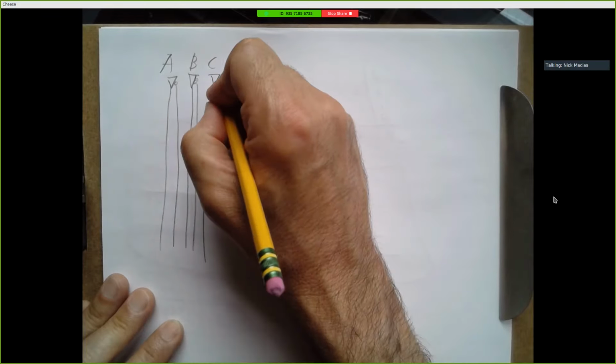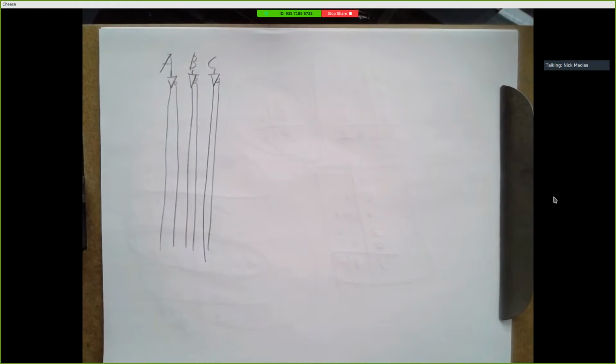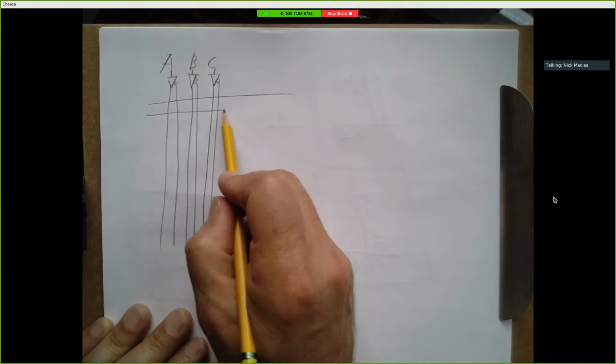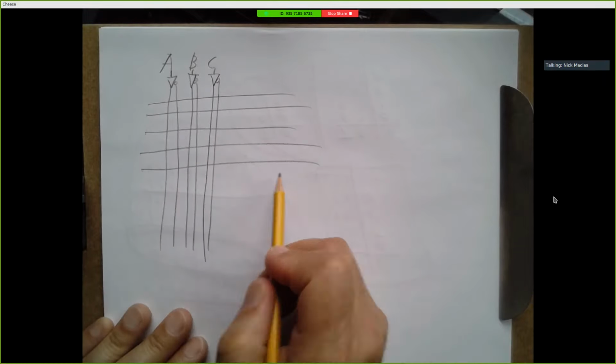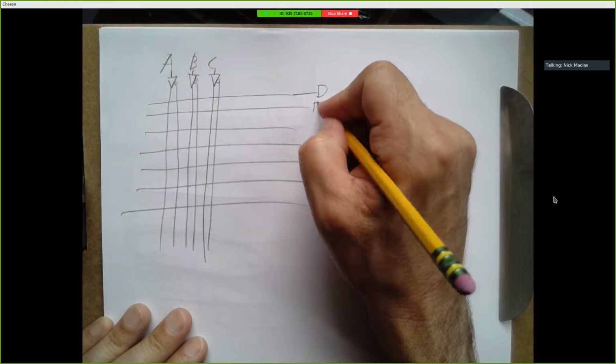So programmable devices come with a picture, a template that looks something like this. Suppose we have 3 inputs, A, B, C. We have a series of wires coming across here, each of these going into an AND gate symbol.